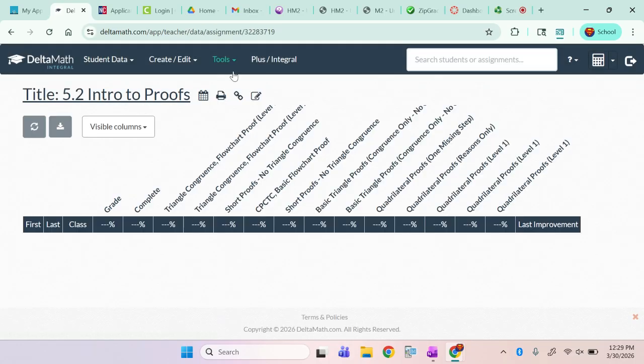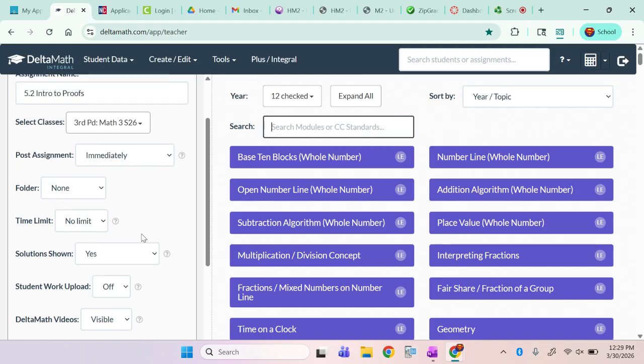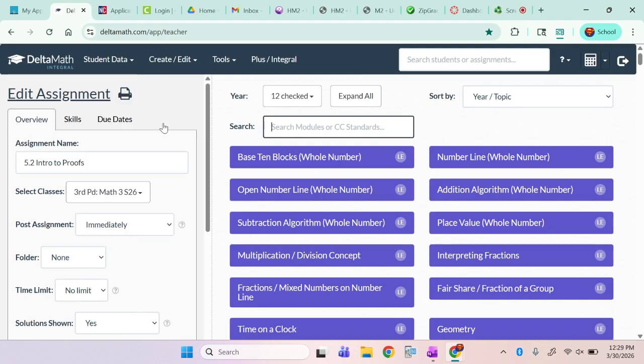So, 5.2 Intro to Proofs. We're only going to do a couple of these.